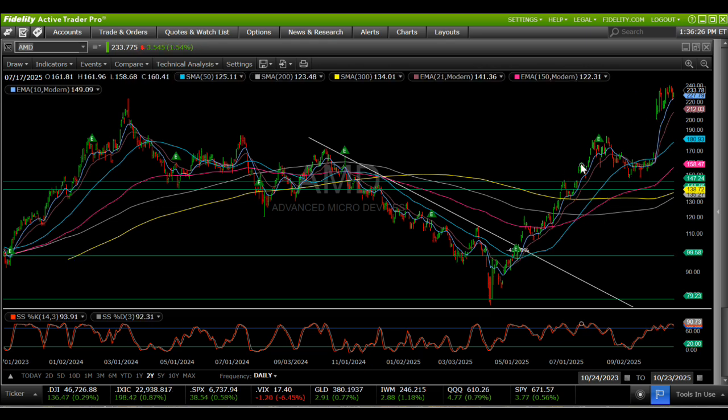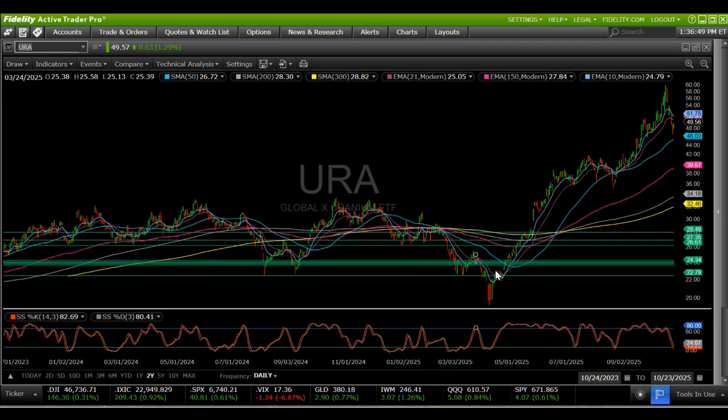This is, to me, a bull flag. Just like I was talking about with uranium, the ETF, the last couple of months, you have your flagpole, this is the flag, and then you're going to have another flagpole. So you can take this flagpole and add it onto the flag. And if you look at uranium, that's exactly it. Patterns don't always work out, but when they do, it's nice.